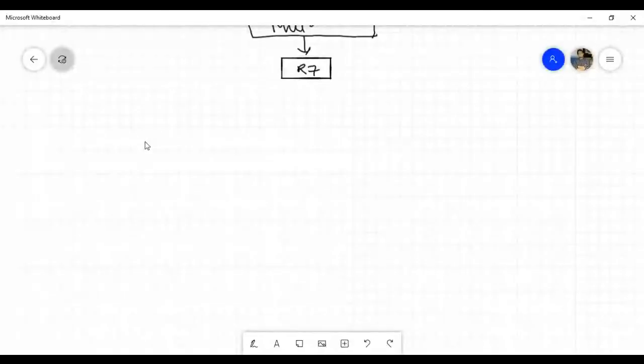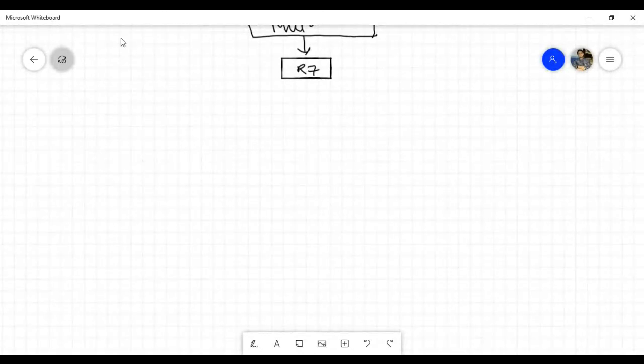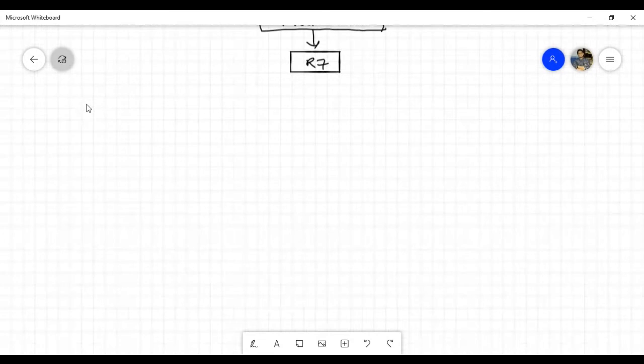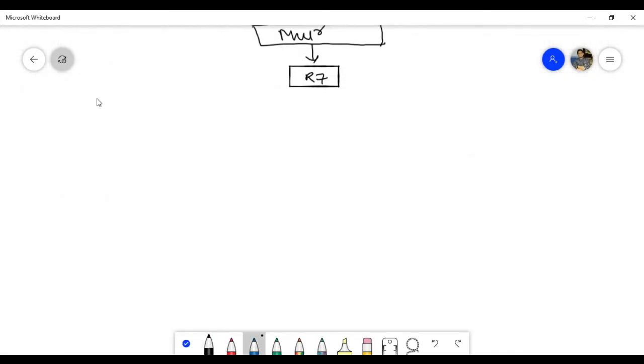In segment 1 you have R1, R2, R3 and R4. Let us write segment 1, segment 2 and segment 3.